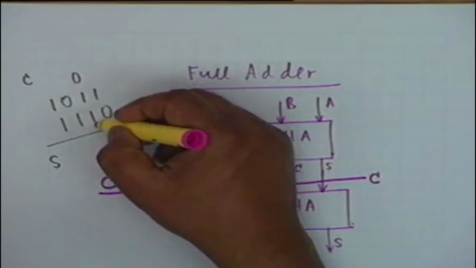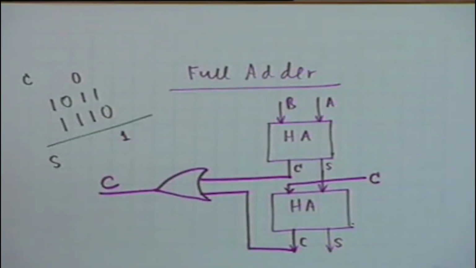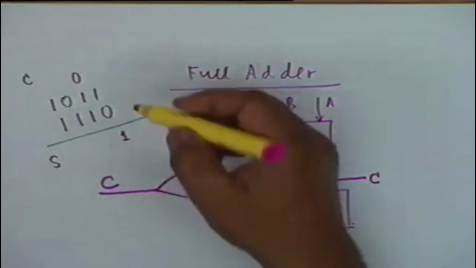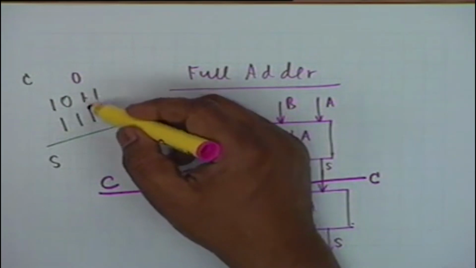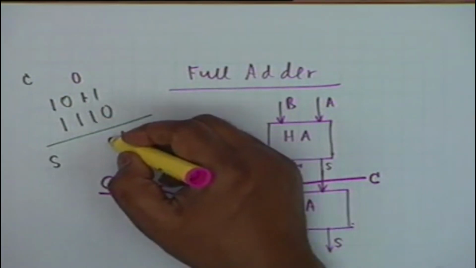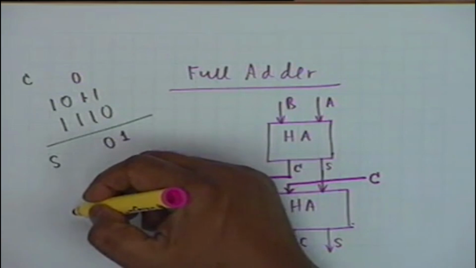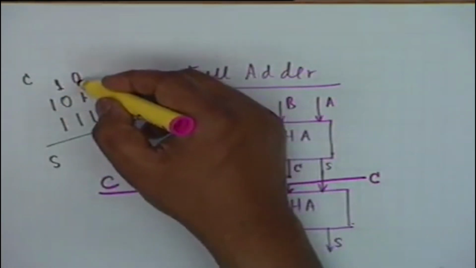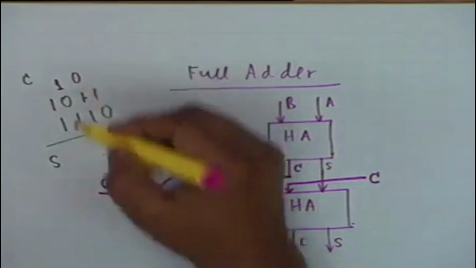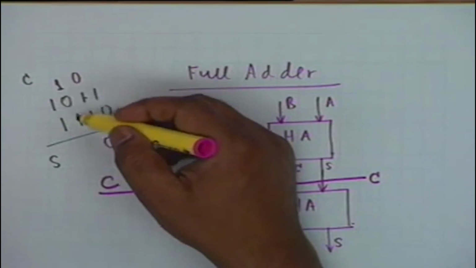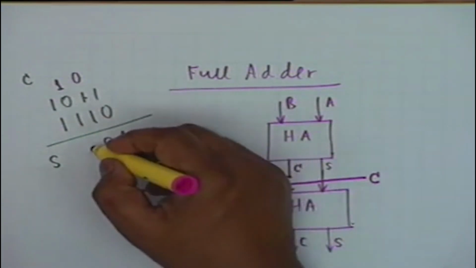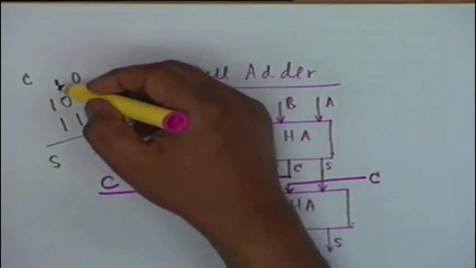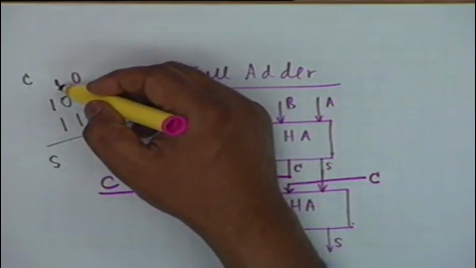This carry goes to the next bit. 1 and 1 is 0 and the carry is 1. It goes here. This carry had no effect because it is a 0. Now you have 0 and 1 is 1. This carry then goes to the next one.